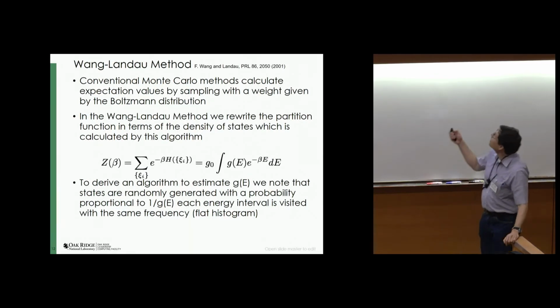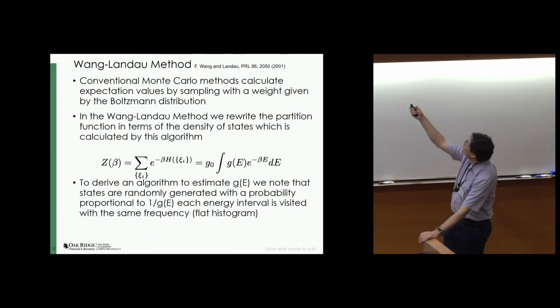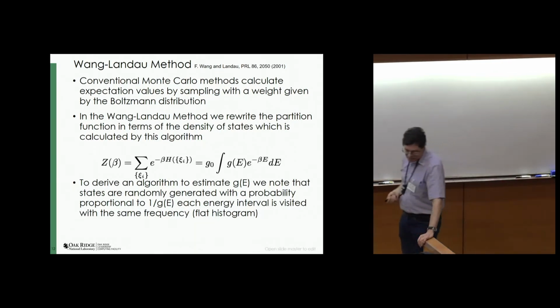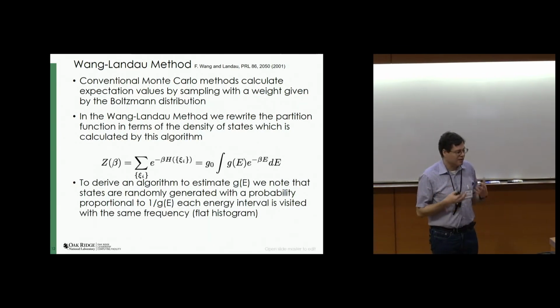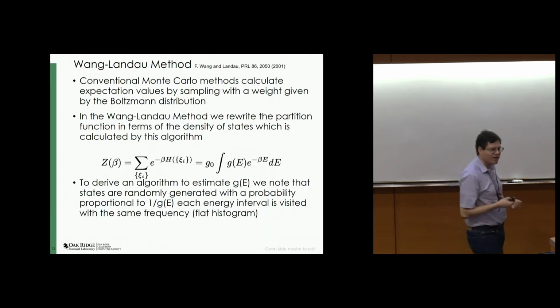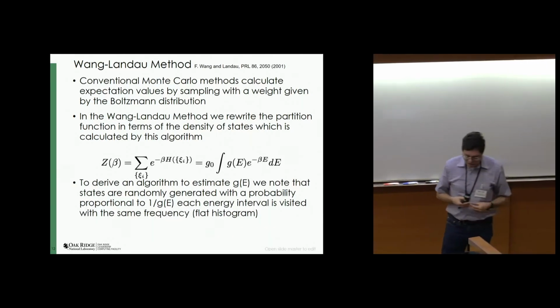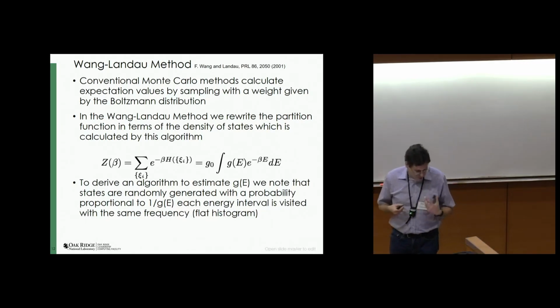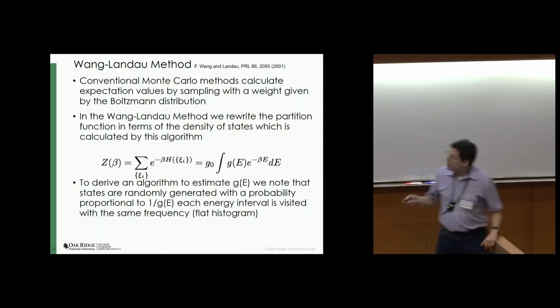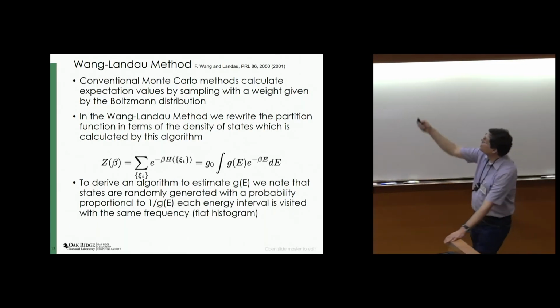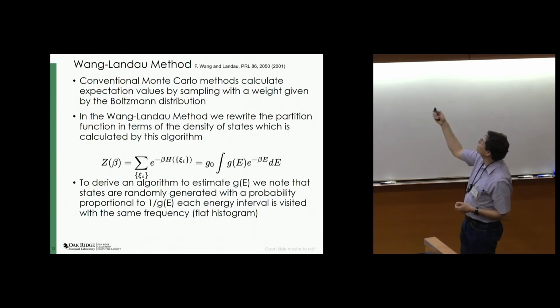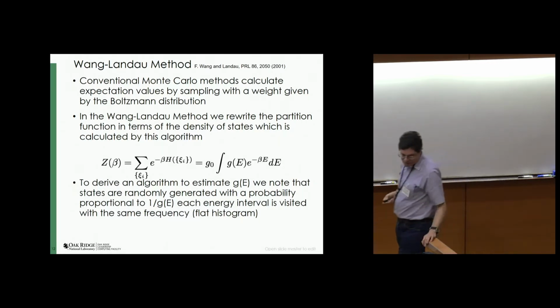Instead, we want to calculate the density of states of the system, this G of E, which is basically the number of states at a given energy. And if we know this, then we have this equality: the sum over all the states with this weight is just the integral over the number of states at a given energy with this energy factor, so it becomes a one-dimensional integral.